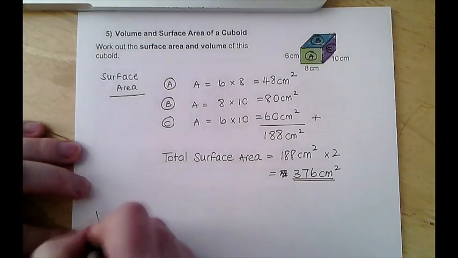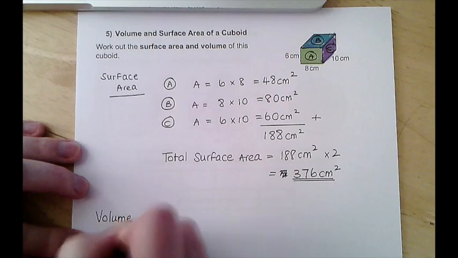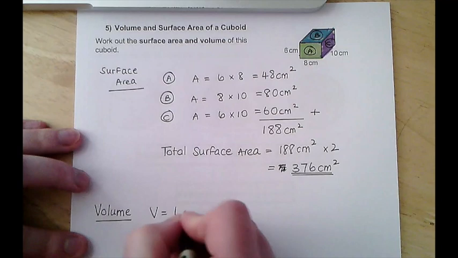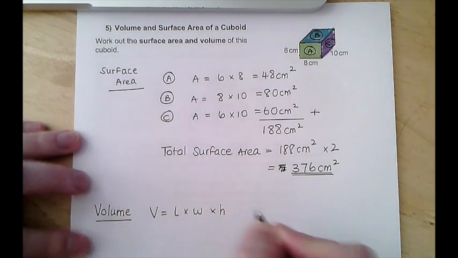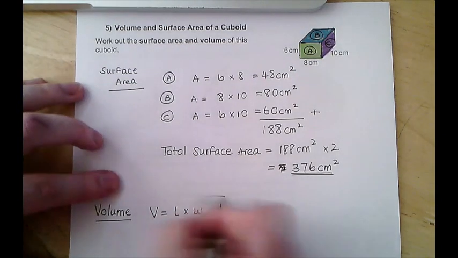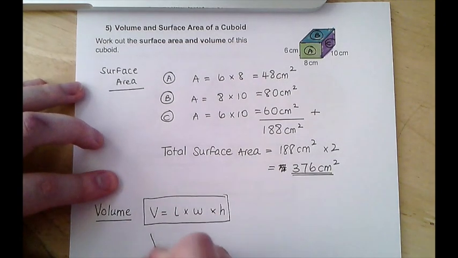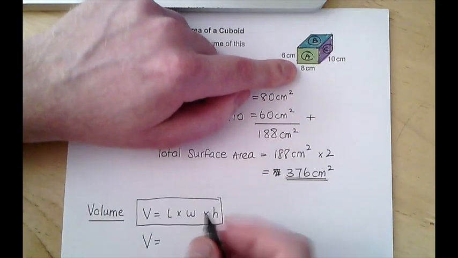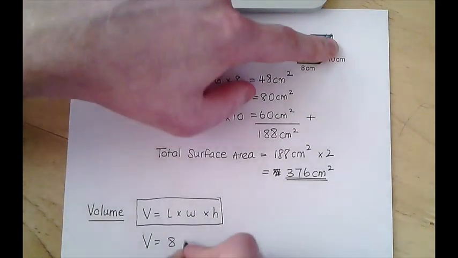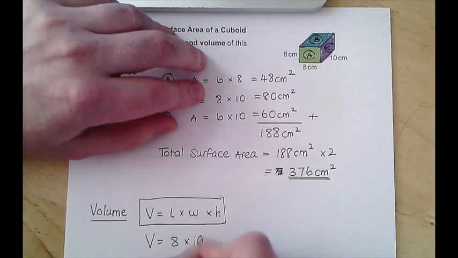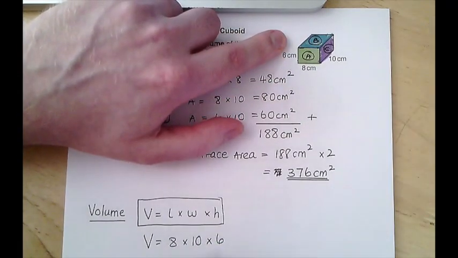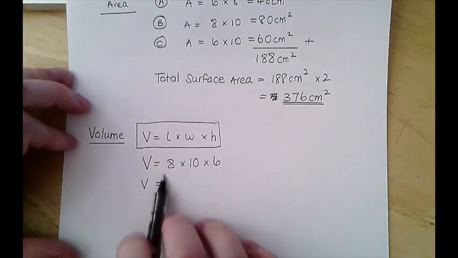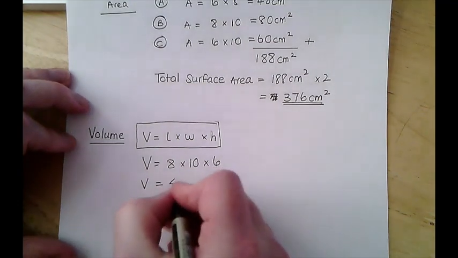Volume is actually easier. The volume of a cuboid, we can use the formula length times width times height. So the volume is, length is 8, width is 10, height is 6. 8 times 6 is 48, times 10 is 480.